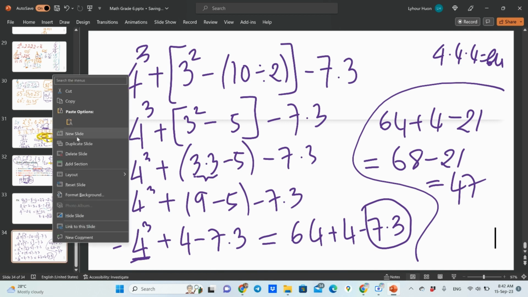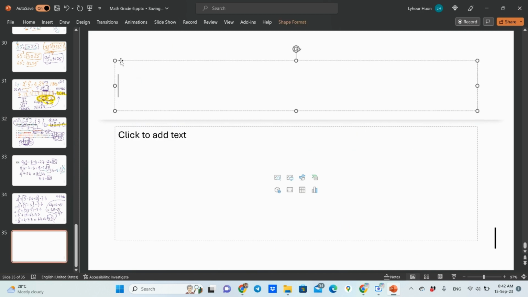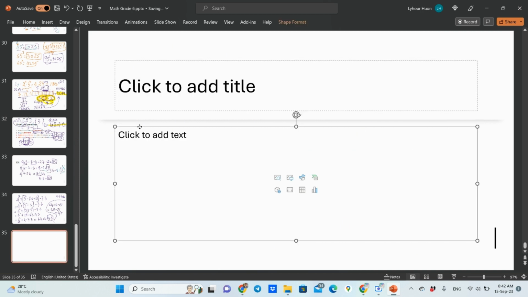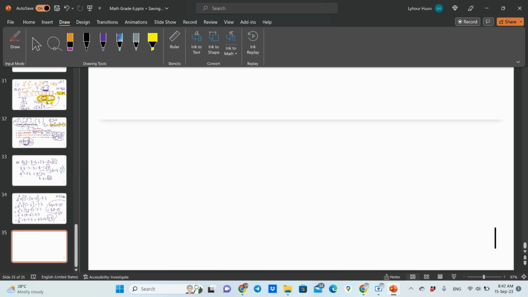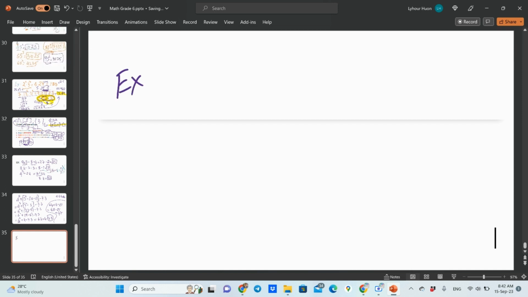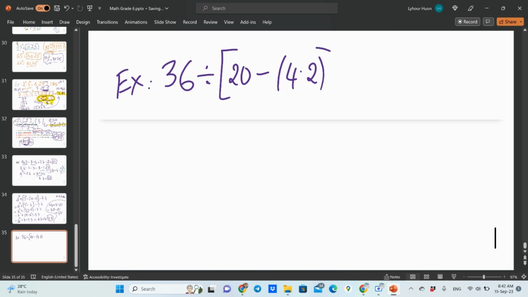So I will give you one exercise. 36 divided by 20 minus 4 times 2, plus 4 cubed minus 6.